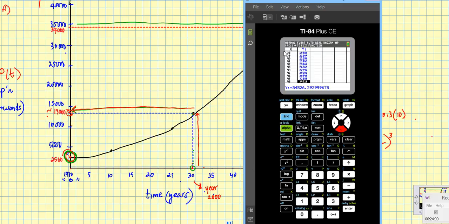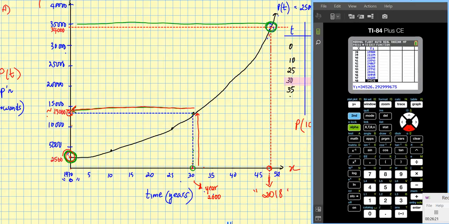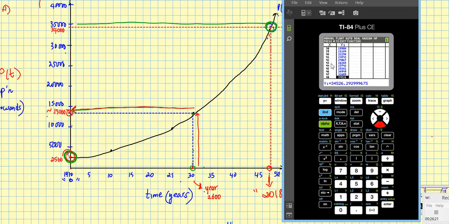But as you could see, I could have just scrolled all the way down the years, all the way down the populations until I hit a number that was over 34,000. The only drawback of doing the problem this way is that when I'm looking for the number of years, if I don't have the correct intervals, since we found that the actual amount was 47.7, but I didn't go up to 47.1, 47.2, 47.3, and so forth.